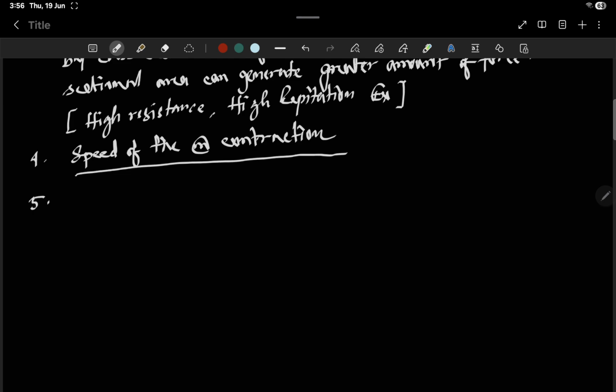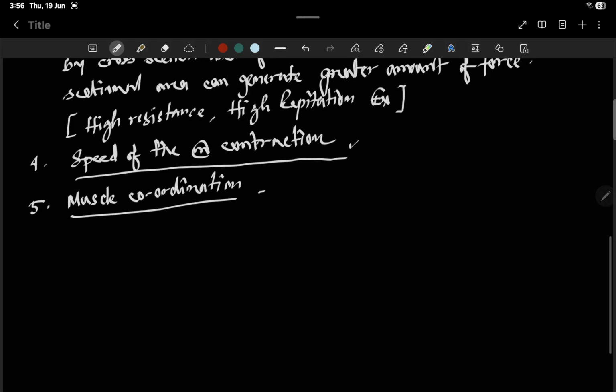Number 5, muscle coordination. This is the speed, in what speed the muscle is contracting, that relates to the time efficacy.